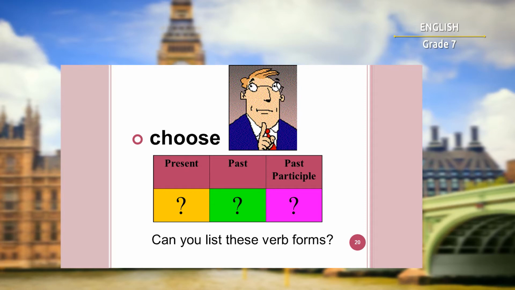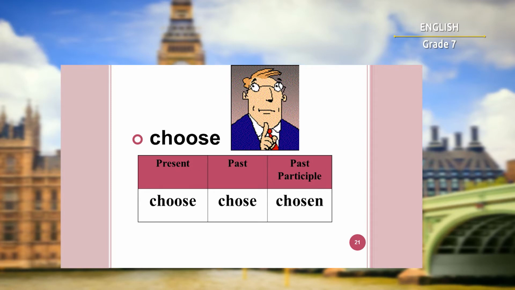The next verb is choose. Can you list these verb forms? Good job. The answer is choose, chose, chosen.